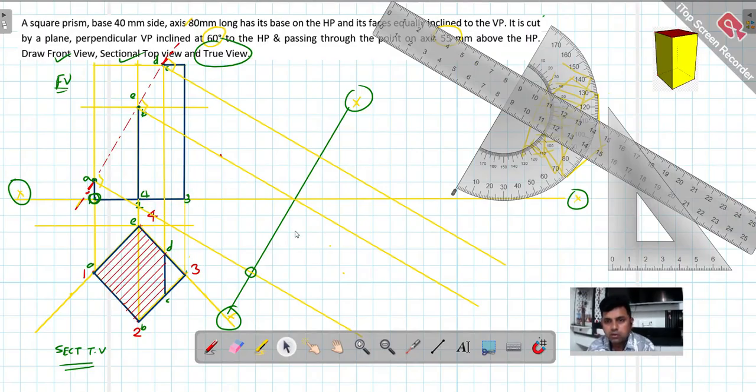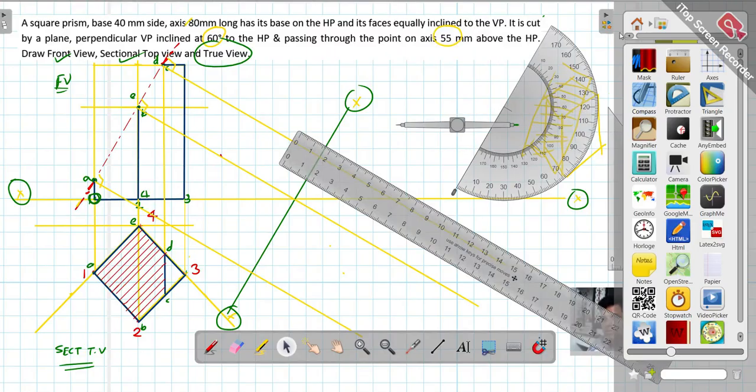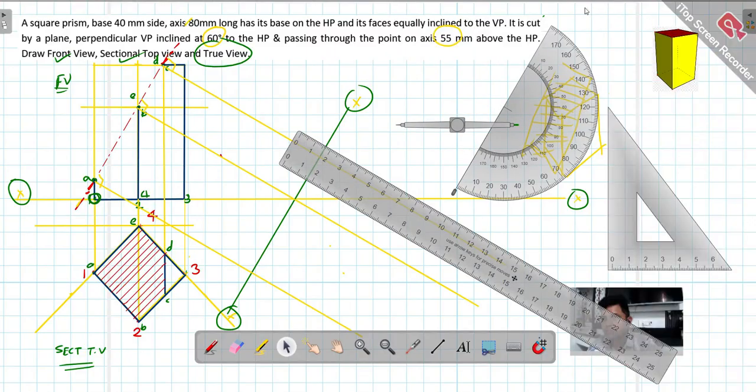I don't know how to do it now. I think I cancelled it. Just a minute. What I can do, I can take this compass again. I'm taking the compass back and putting it. This is really difficult to operate. I'm taking it here.